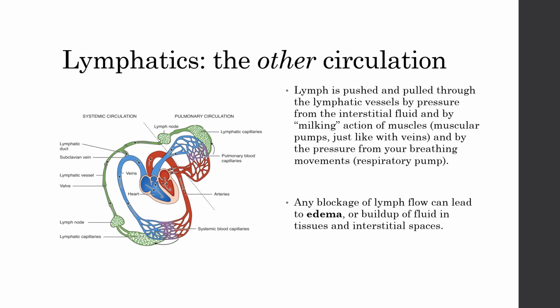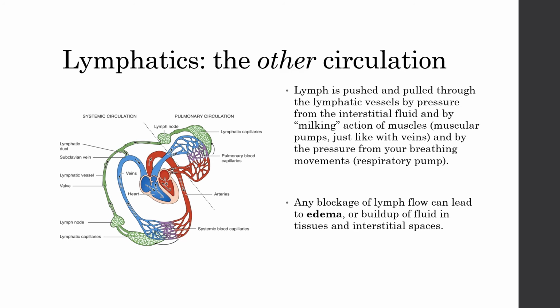Okay. In case you're wondering how this lymph gets pushed and pulled around, it gets transported through the lymphatic vessels by pressure from the interstitial fluid. That is, as pressure builds up in the tissue, it forces fluid out. And by milking action of skeletal muscles, just like with your veins, and the pressure from your breathing movements, the respiratory pump, again, rather like your veins.